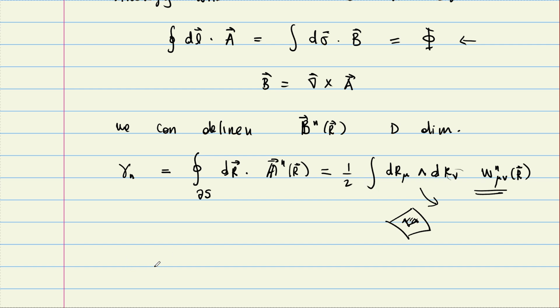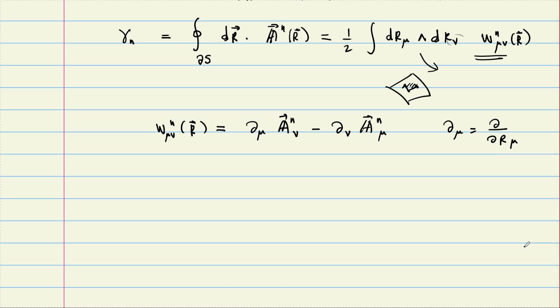So this omega, let's write this: omega mu nu of n of r is defined by del mu a n of nu minus del nu a n of mu. And del mu here is short for del over del r mu, because there are so many things to write. If you write everything, you sometimes don't see what you wrote, so I shorten it a lot.